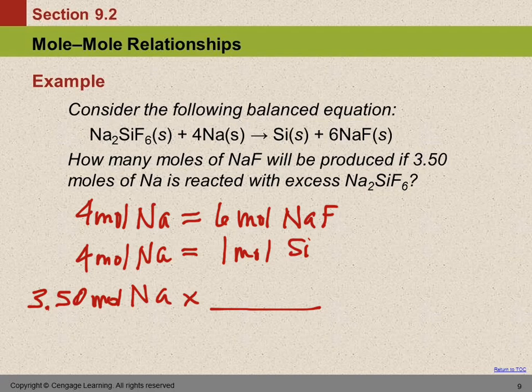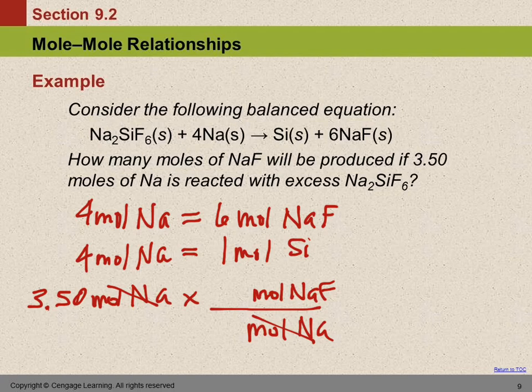So we're going to multiply by moles of sodium fluoride, because that's the unit they're asking us to find. And we're going to divide by the unit that we were given, moles of sodium. This is dimensional analysis again. So the units tell us what to do. We put the units in there so the units work out. And then we go looking for numbers.